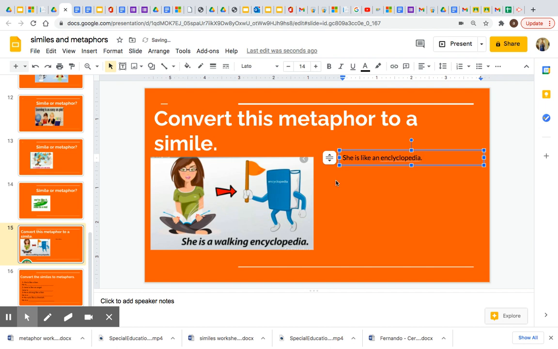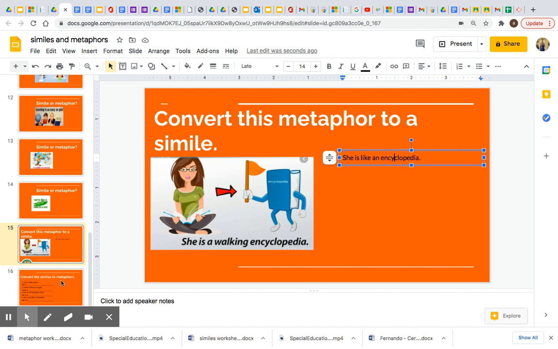So I'm saying now that she is like an encyclopedia. Now I am using the word like to convert this metaphor to a simile.